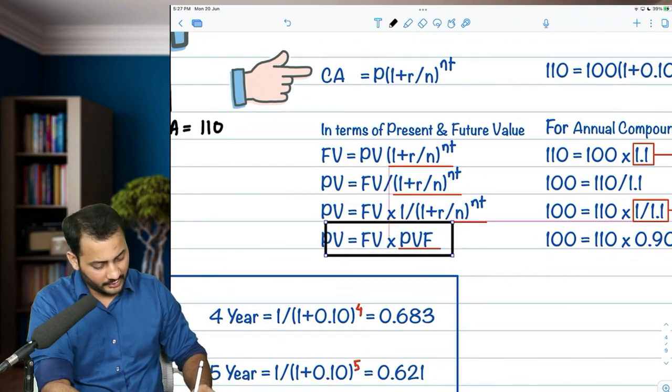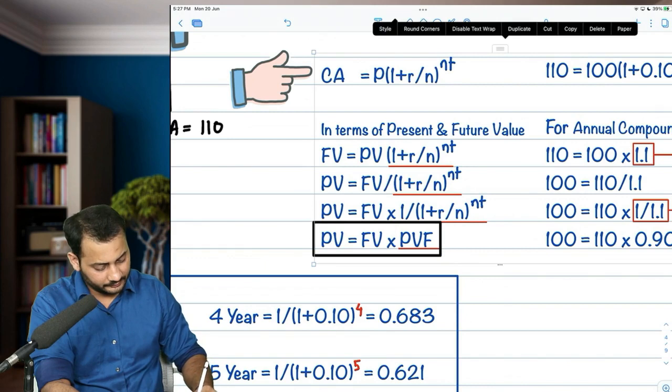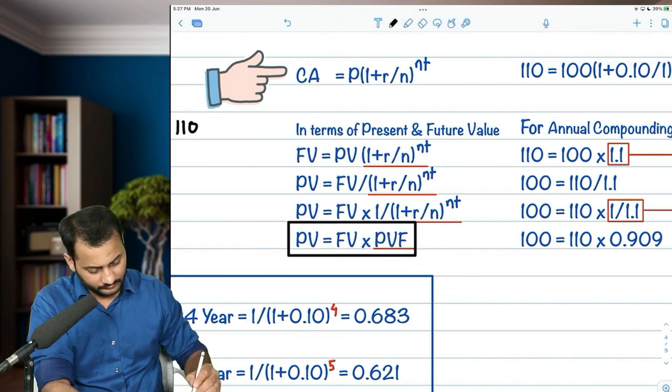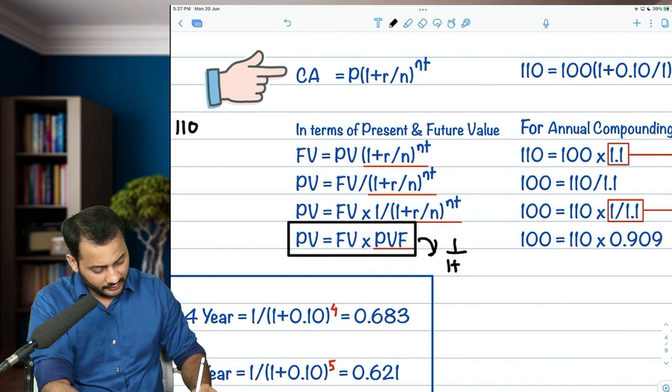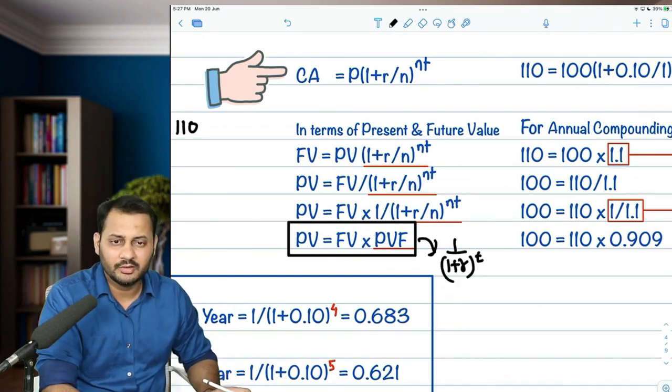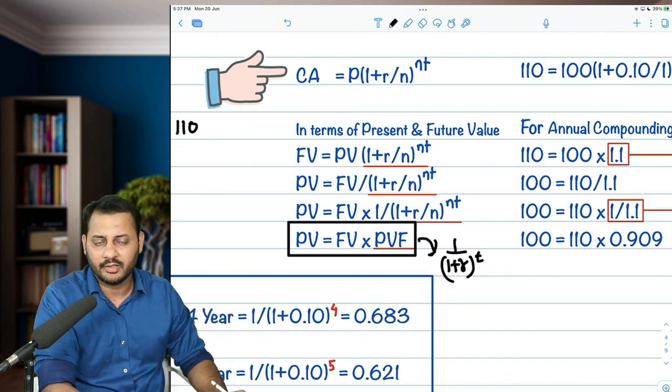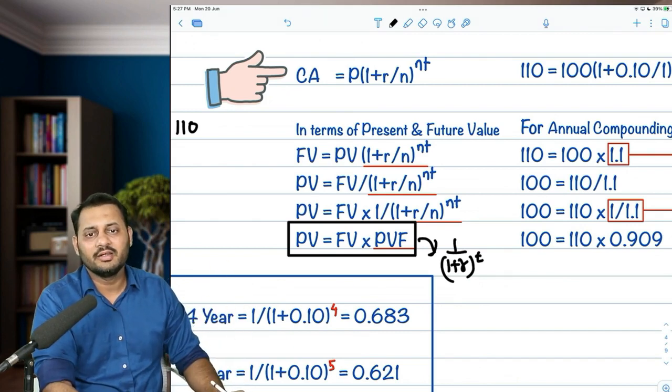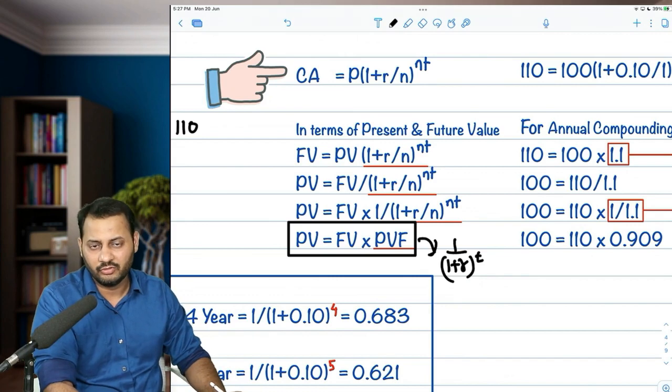And how to calculate the present value factor? One divided by (1 plus r) to the power t. I'm just skipping the n divided by n part right now because I'm considering only annual compounding for now.